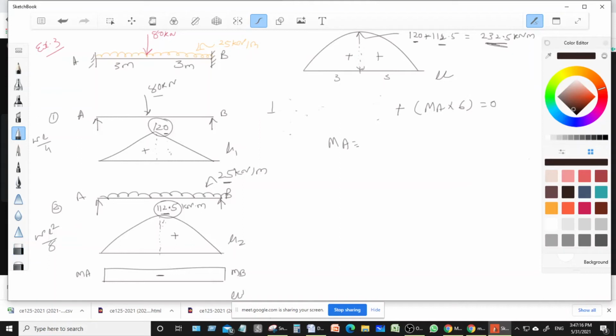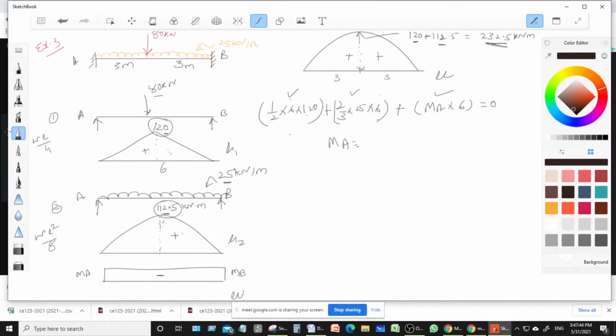Individual mu diagram means 1/2 into base, that is 6 meter, into 120. This is the area of the first mu diagram, plus the area of the second mu diagram, due to the UDL load, that is 2 by 3 into 112.5 into 6. This is how you can also find the moment, and you will get a very precise value of MA.